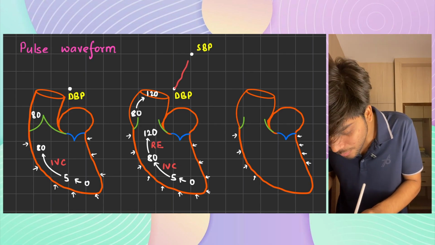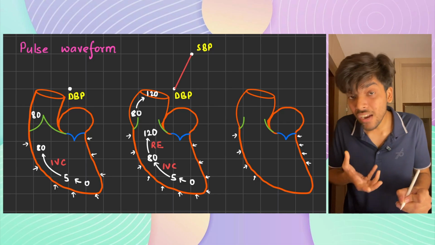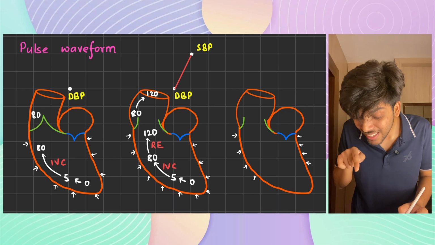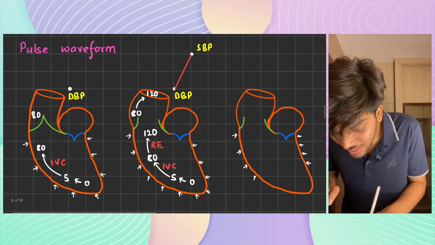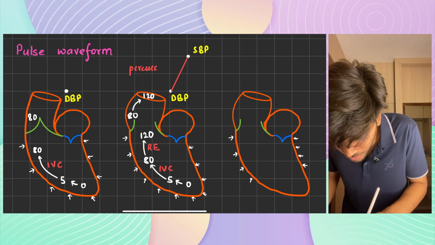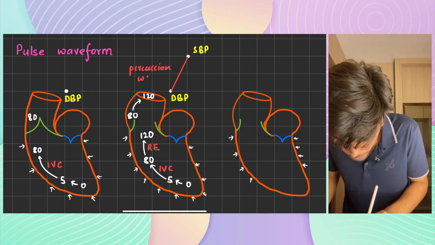And this increase in pressure is as a result of left ventricular systole, which in the waveform is represented with the help of this red line referred to as the percussion wave. This is referred to as the percussion wave.